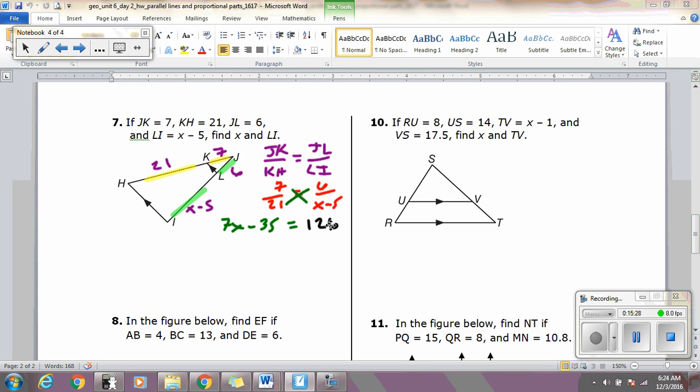Now I would add 35 to both sides, so I would have 7x is equal to 161, and then divide both sides by 7.